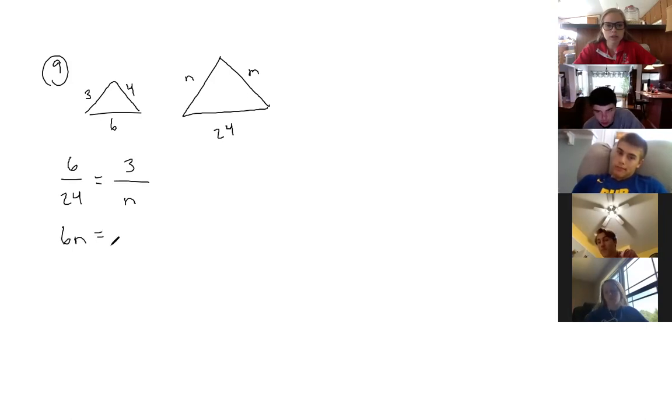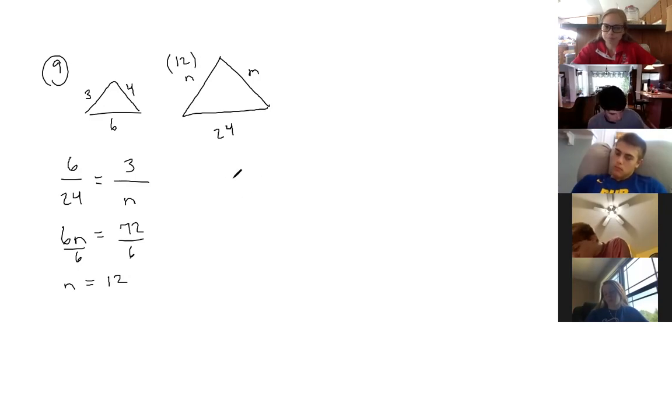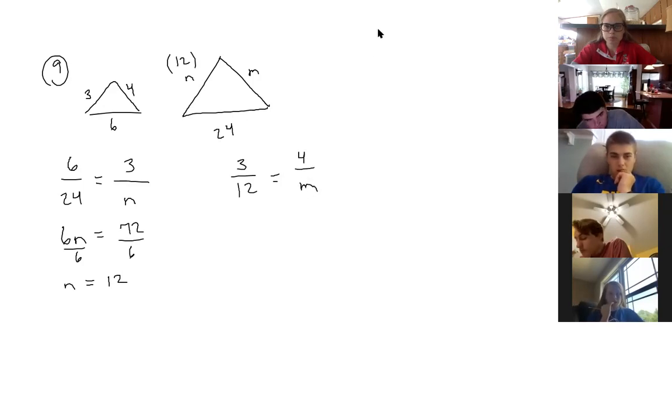Cross multiply. 6n is equal to 72, so n is equal to 12. So now I know that n is 12. Now I've got to find m. Set proportions again. Doesn't matter which set I use. I can use 6 over 24, or now I can use my new one, 3 over 12. It's equal to 4 over m. If I wanted to, I can reduce my fractions to begin with.